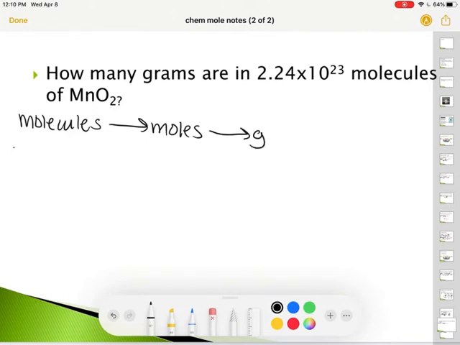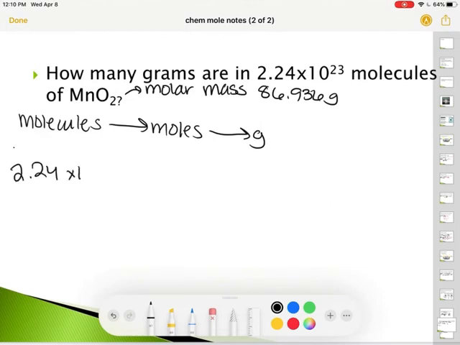Okay, the mass of MnO2, so manganese 4 oxide, I'll just give you that. So its molar mass is 86.936 grams. So we're starting with 2.24 times 10 to the 23 molecules of MnO2.